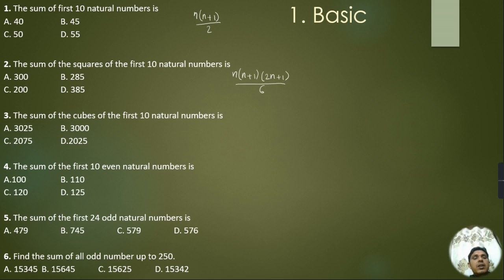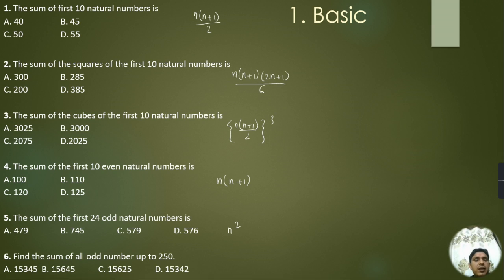The sum of cubes of first n natural numbers is given as n into n plus 1 divided by 2, whole cube. The sum of first n even numbers is given as n into n plus 1. The sum of first n odd numbers is given as n square.